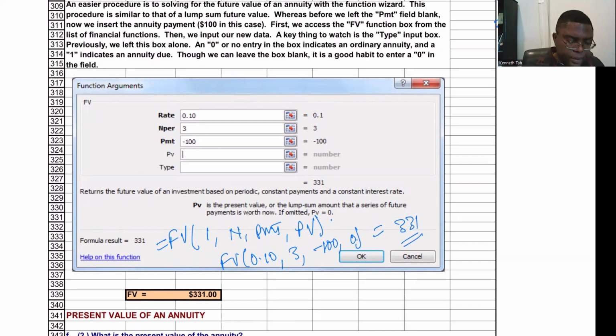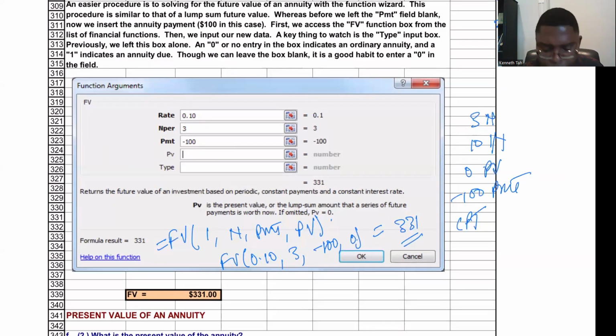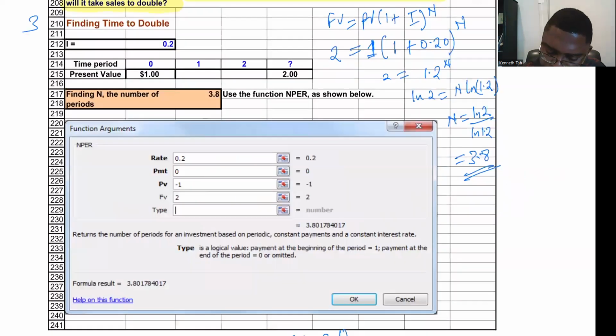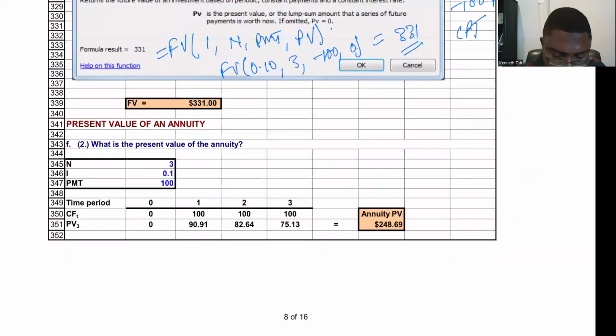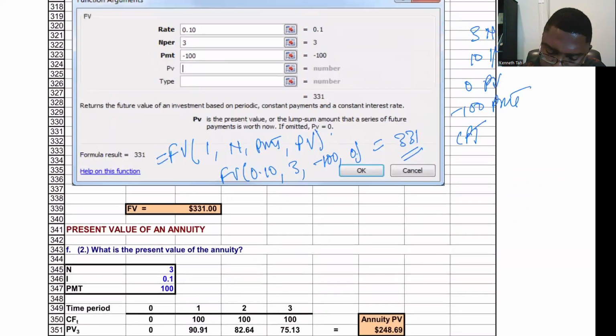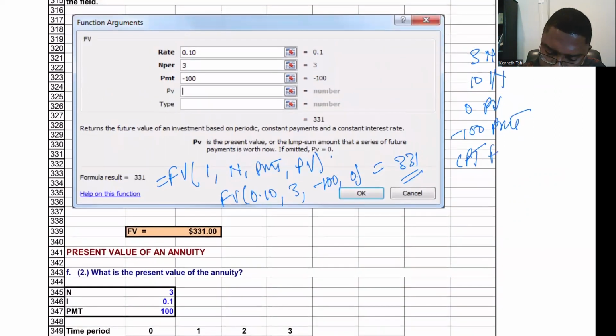The same, if we are using the financial calculator, then we take 3 as N, 10 as I/Y, 0 as present value, and negative 100 as payment, and we want the calculator to compute future value for us, which is going to give us an answer of 331.